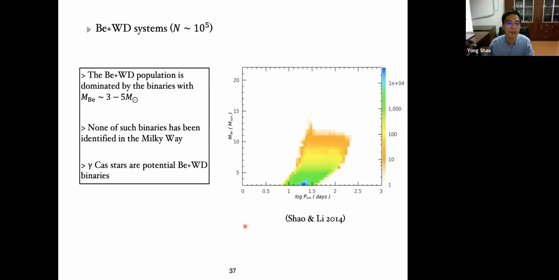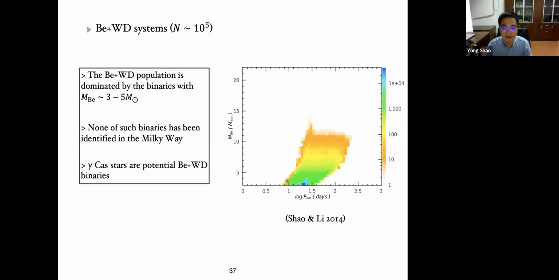Okay, for B plus white dwarf systems, we expect that their number is of the order of 10 to the 5 in the Milky Way, and this diagram shows their number distribution in the orbital period and the B star mass plane.